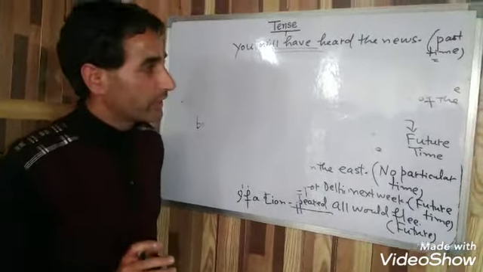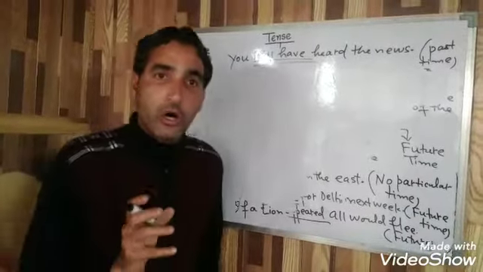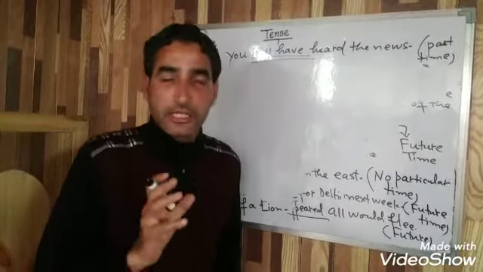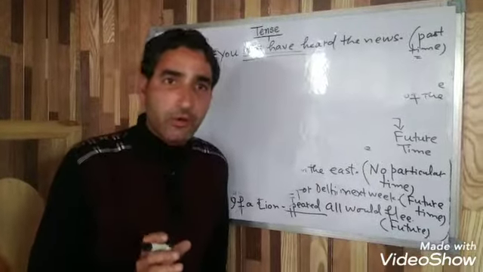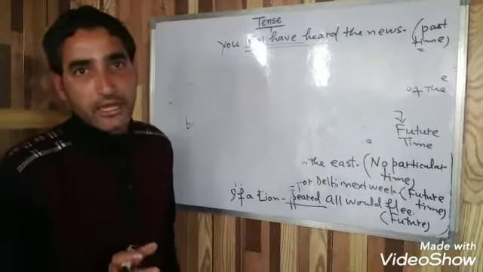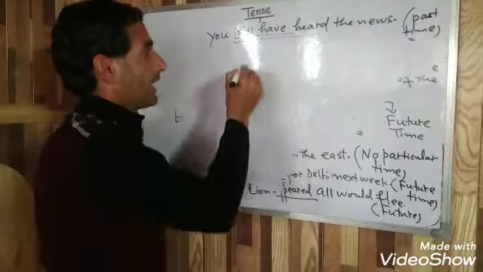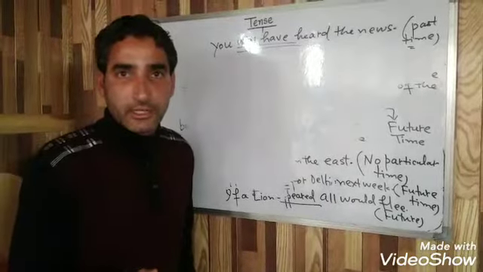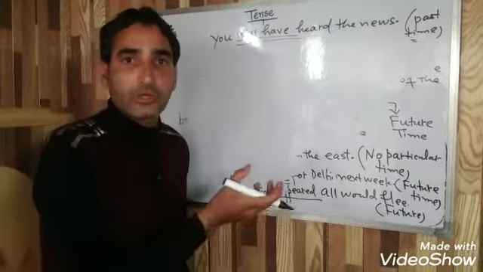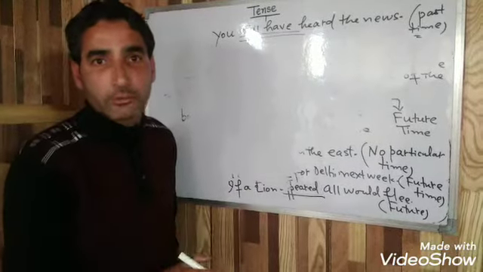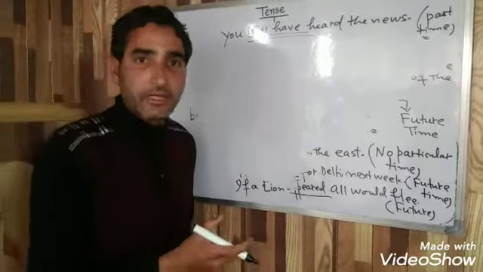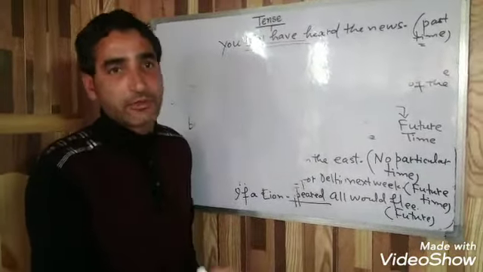Number second, there are only two tenses in English, that is present tense and past tense. English verbs have only two tenses. And there is no future tense in English because there is no separate verb form of which we can say this is the future form of the verb, and we can express future time in various ways.